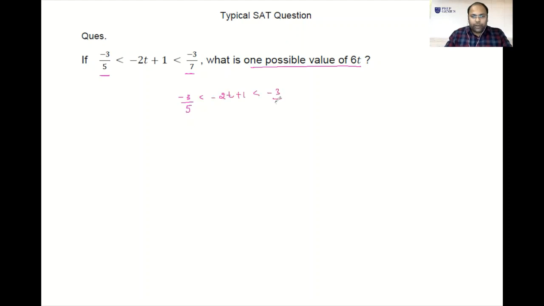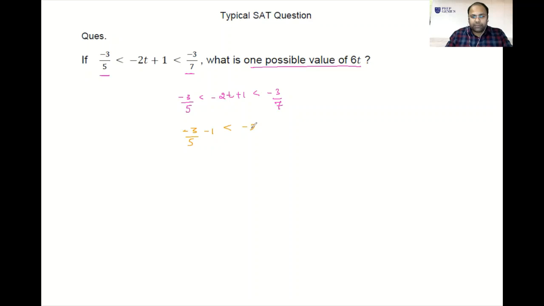What I'm going to do is convert this -2t + 1 into t using some operations. First of all, I'm going to subtract 1 from the entire inequality.